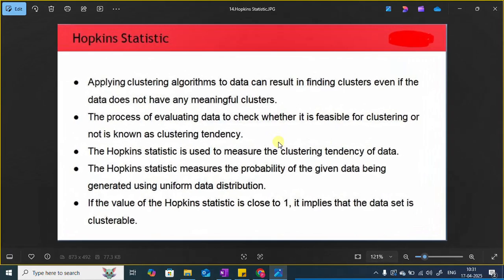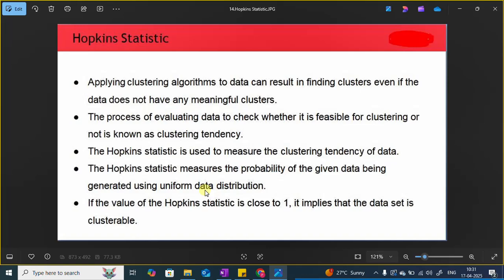Now, Hopkins statistics. Applying a clustering algorithm to data can result in finding clusters even if the data does not have any meaningful cluster. The process of evaluating data to check whether it is feasible for clustering or not is known as clustering tendency. The Hopkins statistics is used to measure the clustering tendency of data. It measures the probability of the given data being generated from a uniform data distribution.